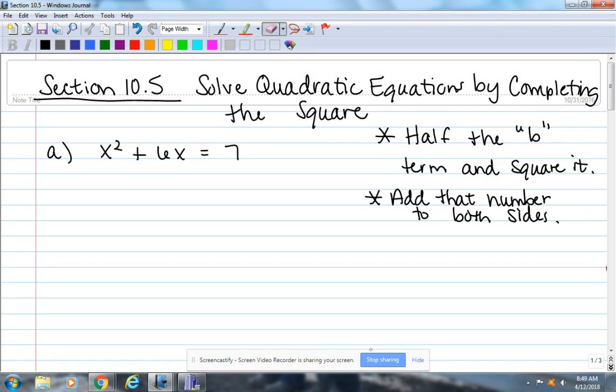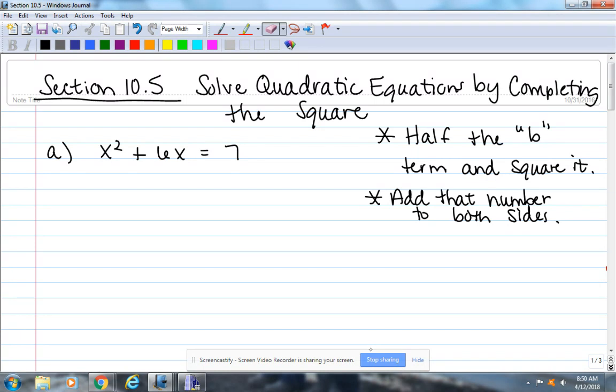What do I mean by b term? The term with a what? Just the x, not the x squared. The middle term if we were writing it in standard form. So you're going to take the b term, half that number, and then square that number, and then put that number on both sides of the equal sign. Because if you got an equation, what you do to one side you got to do the same to both sides.